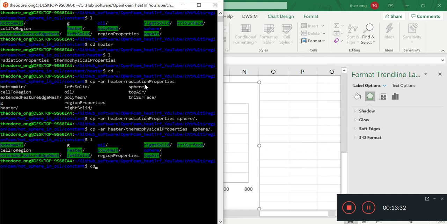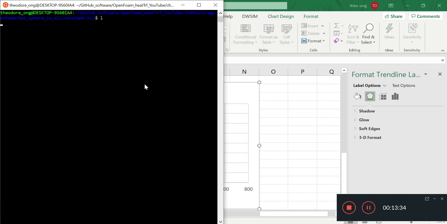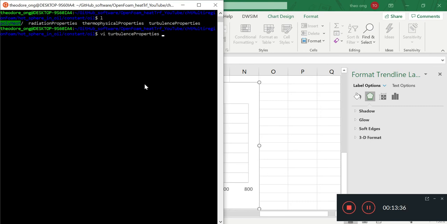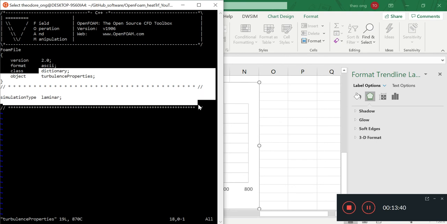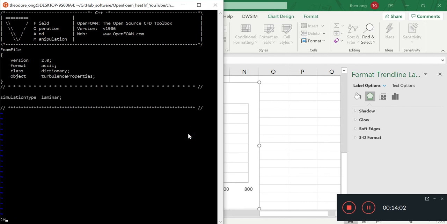Now if you're wondering why, well, we technically should take a look at this first, the simulation type, whether it's laminar or turbulent. But I think we want to deal with turbulent. I'll deal with turbulence maybe in the next iteration of this simulation. So we do something basic and then we just refine it later on. So right now we get the thermophysical properties right first.